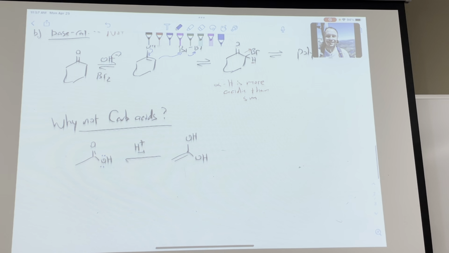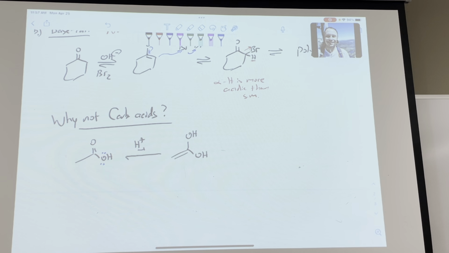The problem here is that because you have a lone pair atom attached here, you have electron density being kind of pushed in from the right in its normal state. And so if you have electron density being pushed in from this lone pair atom, it's going to be increasingly difficult to also push electron density in from the left. And as a result, the enolization just doesn't work well here with these carboxylic acids.